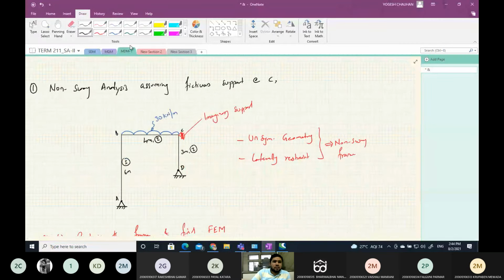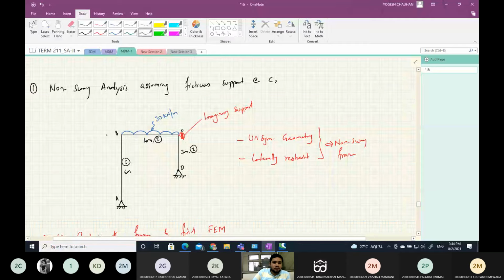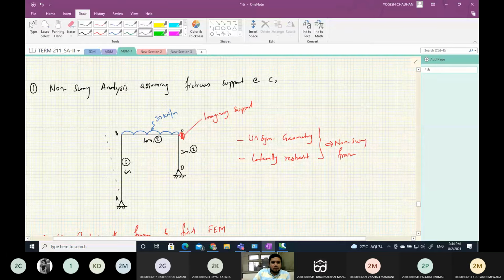So if you draw the deflected shape of this frame, it will deflect towards the left. This is your delta.